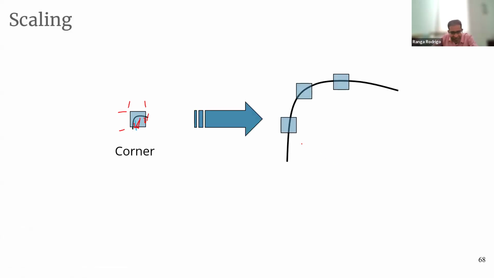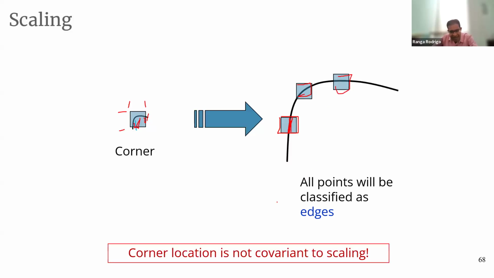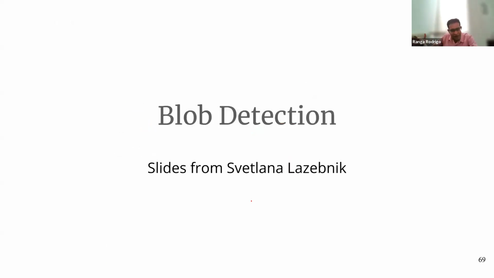You zoom the image, and within that window of ours, which remains the same size, what do we see? We see a straight line. Do we see an edge? Do we see a corner? No, we see a straight line. Here also we see a straight line. Here also we see a straight line. So therefore, all points will be classified as edges. Corner location is not covariant to scaling. So therefore, the Harris corner detection is not scale covariant. This is a big problem. So therefore, we have to solve that. To solve that, we do a blob detection.